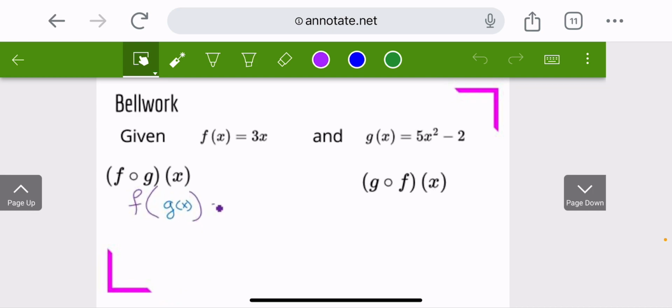So we're going to take our f of x, that 3 times something, and in place of the parentheses, we're putting that g of x function, that 5x squared minus 2. So we're taking the g of x and putting it in place of this x right here. We're substituting it in, combining them together.